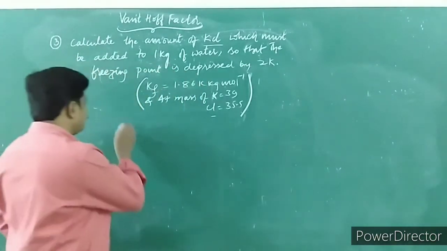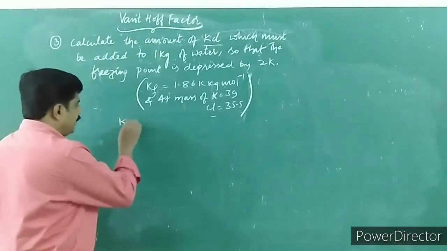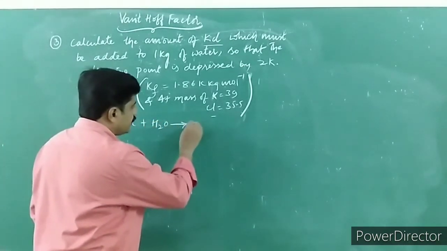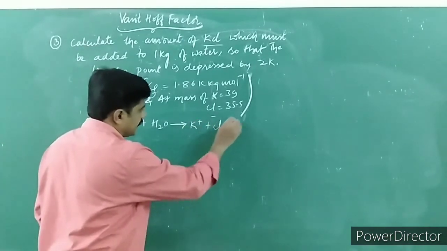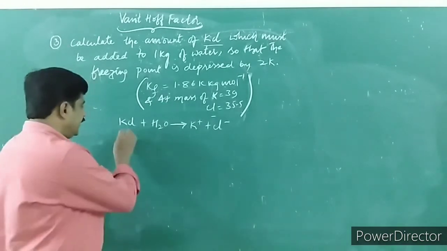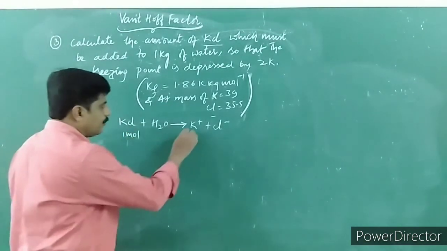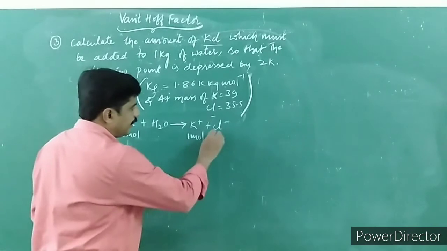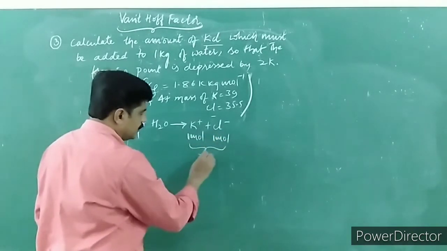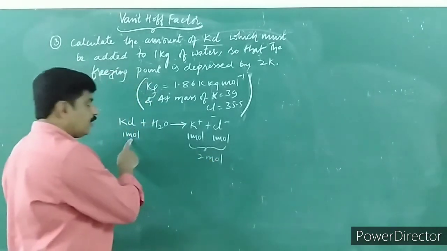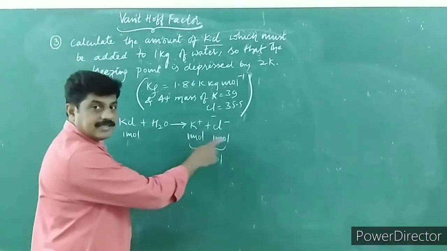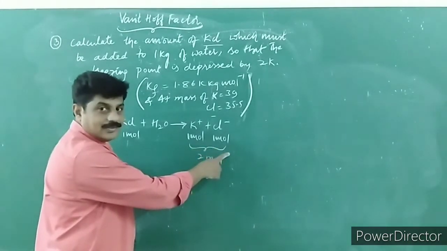Even then, look here. KCl, when dissolved in water, undergoes dissociation to form K plus and Cl minus ions. Why? Because it's an electrolyte. If I take 1 mole of KCl, there will be 1 mole of K plus ion and 1 mole of Cl minus ion. Together, there will be 2 moles. Hope you are getting that.